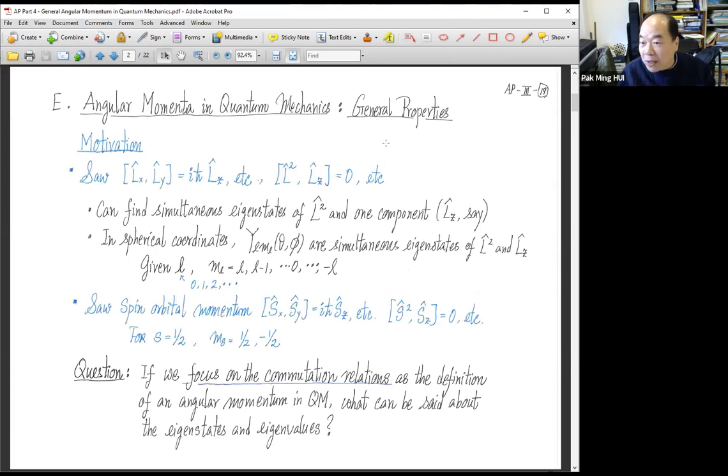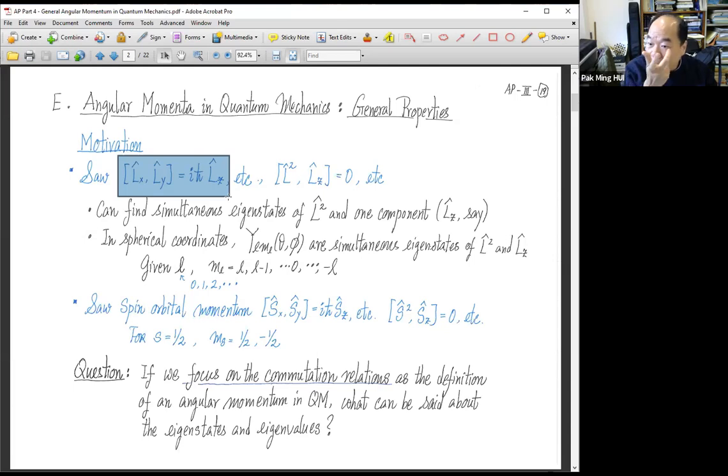So let me motivate it a little bit. In the previous course, you have done orbital angular momentum. And you have seen there are some commutation relations governing the components of the angular momentum. There are some cyclic relationships. Here is one, Lx, Ly. The commutator of them is proportional to Lz with an i h-bar in front.